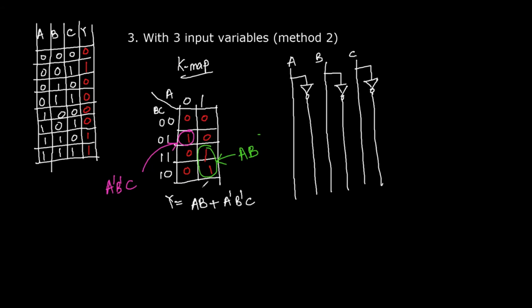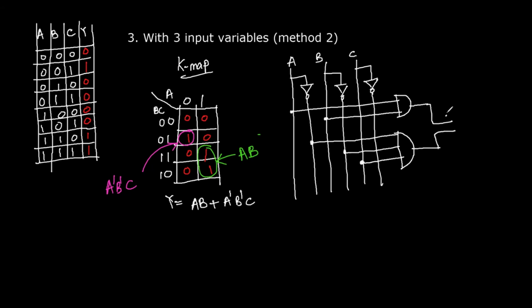Our first combination, which is A and B, goes into an AND gate, and we have the complement of A coming out of the NOT gate, not A, not B, and C. These three, once again, go into the AND, and together they are ORed. That is exactly our output Y. So this is not really hard.